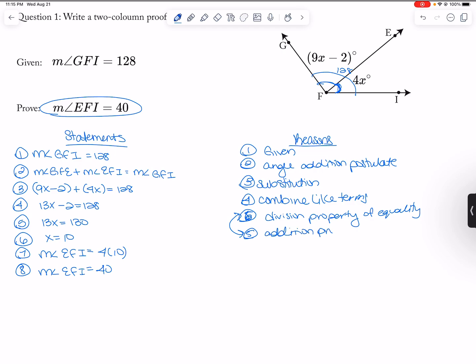I got ahead of myself. Step 5 is that way because I added 2 to both sides. And then, okay, division property, divided both sides by 13.